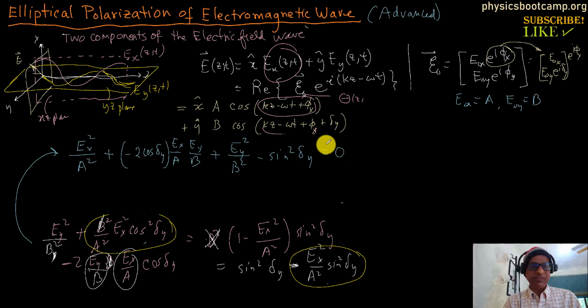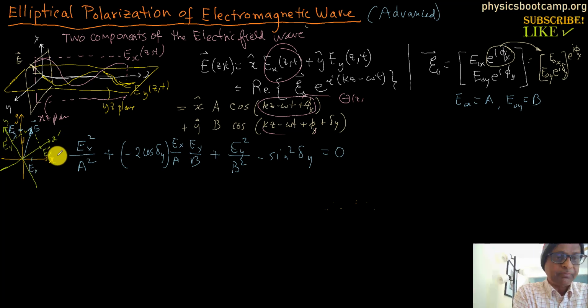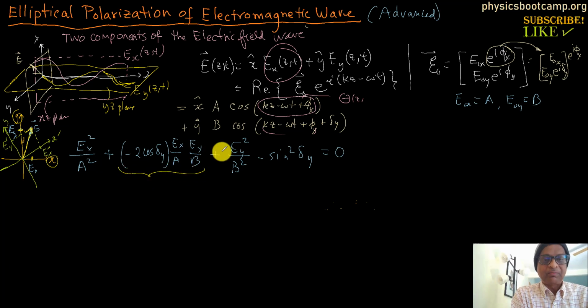So this is like a quadratic expression, right? We have x and y coordinates, and with respect to that, this is my net electric field. You have this x component and this y component, and there's a mixed term here of Ex and Ey.